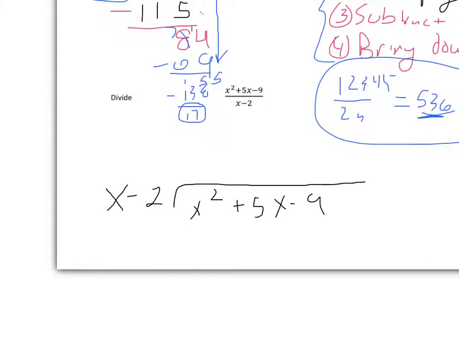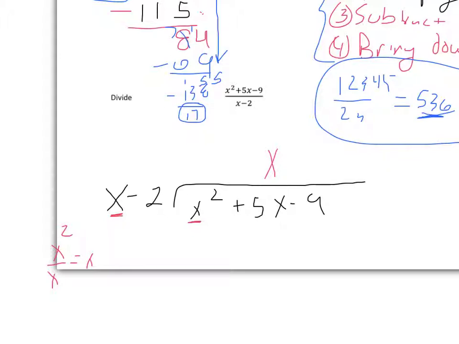And recall, we're dividing, multiplying, subtracting, bringing down. First thing we do is we divide this by this. So if we have x squared divided by x, that is just going to give us x. So I divide. Now I put my x on top, over the x to the first. We keep everything lined up, writing big and writing clear, and this is really important because it can get really bad really fast.